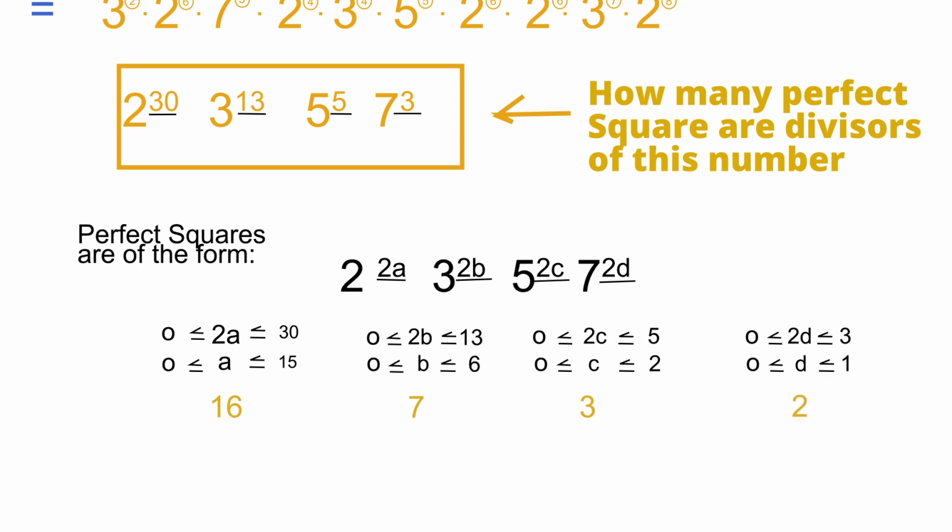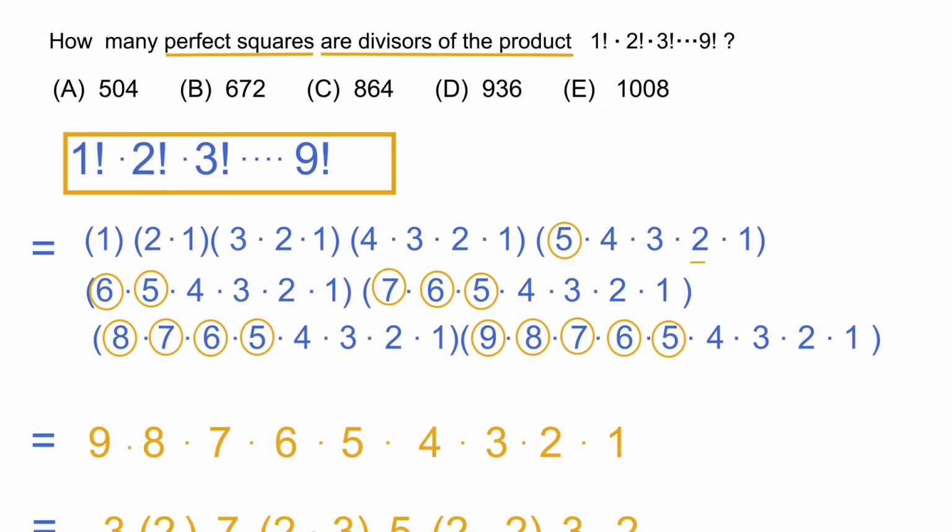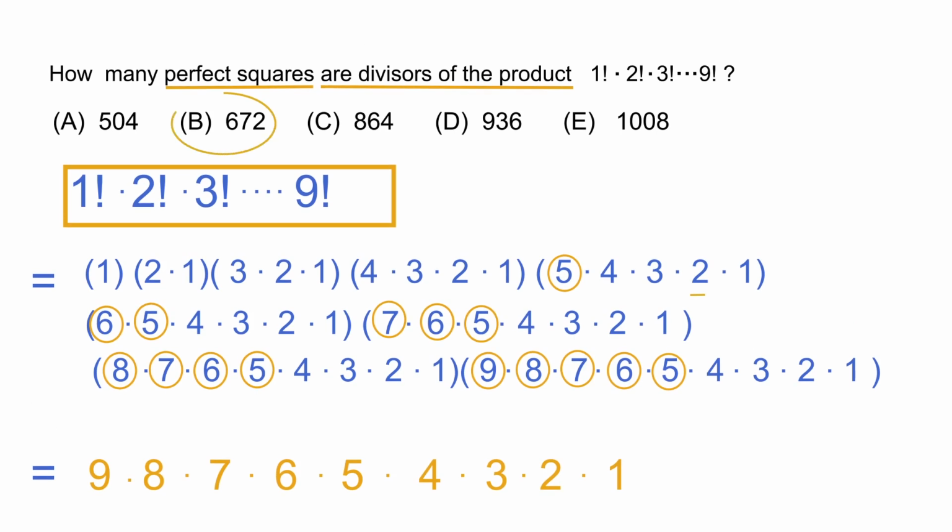So to figure out the total possible combinations, or rather perfect squares that are going to divide into that and are of this form, we multiply these: 16 times 7 times 3 times 2, and that is 672. So the answer to number 23 is B.